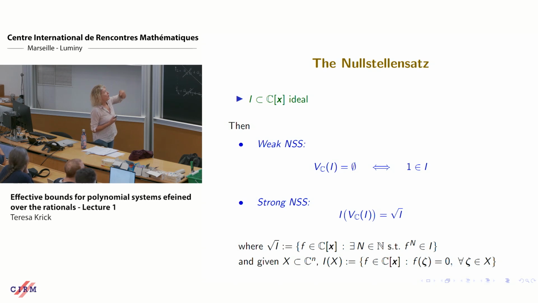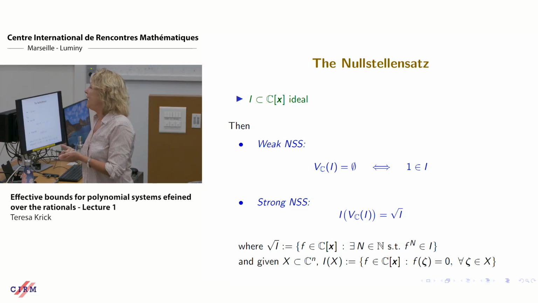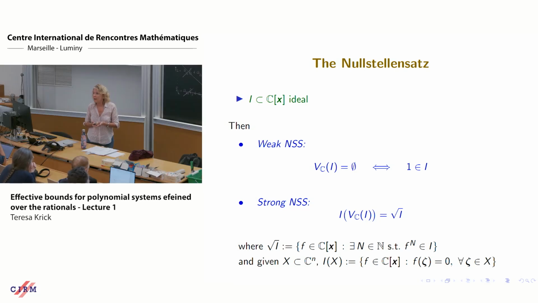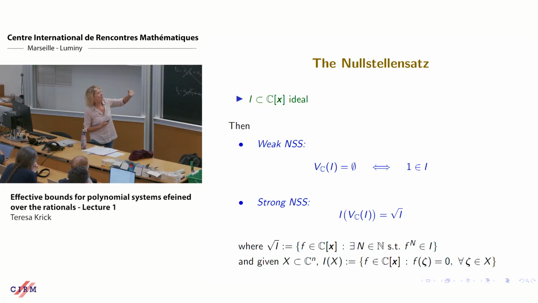So good, I just quickly remind you of the two forms. The weak Nullstellensatz says that the variety is empty if and only if the ideal is the whole ring, which is the same as saying that one belongs to the ideal. The strong Nullstellensatz says that the polynomials vanishing on the roots of the ideal are exactly the radical of the ideal. So both forms, one weak, one strong, are equivalent.